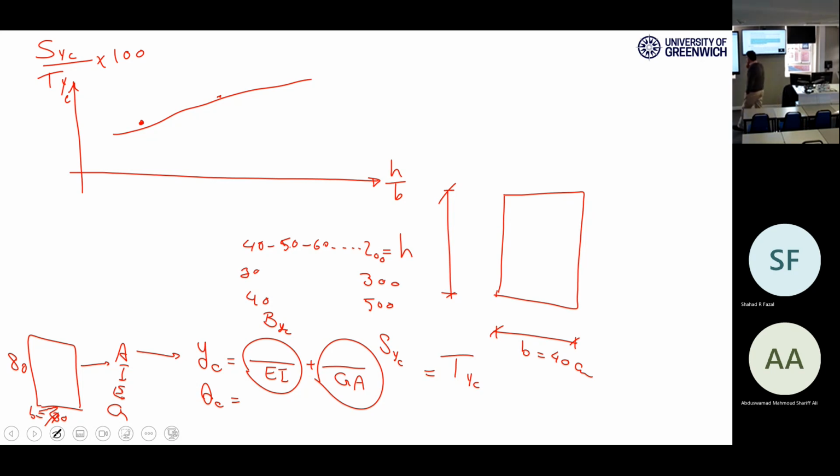And when you get this graph, you can discuss what I just said before, how the shear force contribution to the deformation is getting important, right?